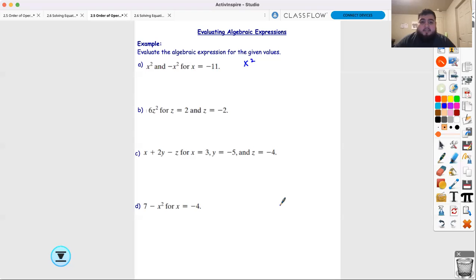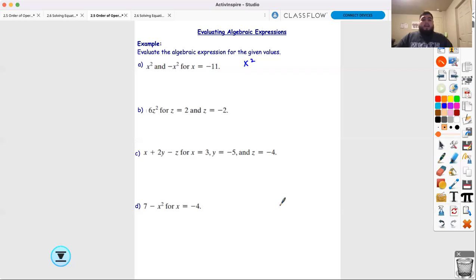There's only one Z. What that means is you're gonna do two different plugins for B. We're gonna plug in when Z is 2 and simplify that using PEMDAS. And then we're gonna do a whole different separate work for when Z is -2. That's what we're gonna do for B. Does that make sense? Yeah. Okay, good. Good question, sir.